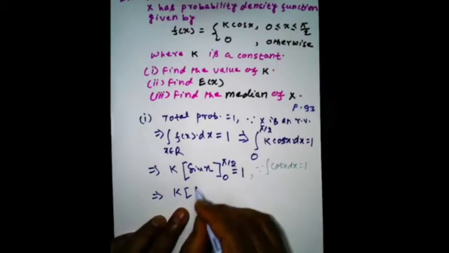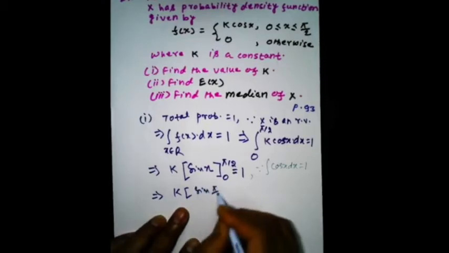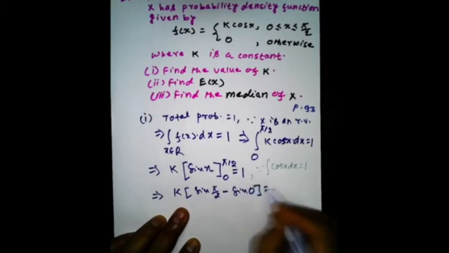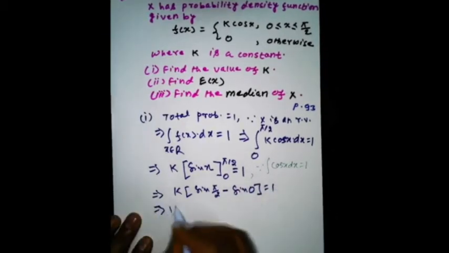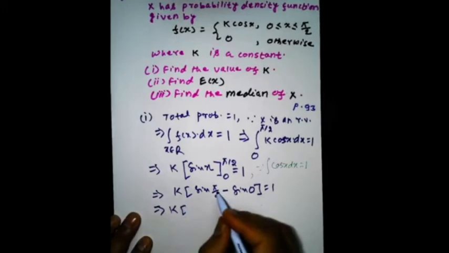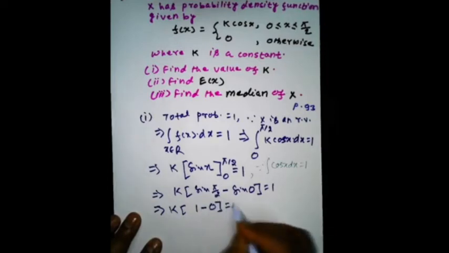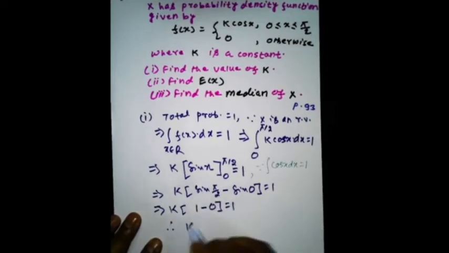So it is going to be k times sin pi by 2 minus sin 0 equals 1. Sin pi by 2 means sin 90 degrees, which is 1, this being in the form of radians, and sin 0 radian or 0 degrees is 0. So therefore the value of k is 1.